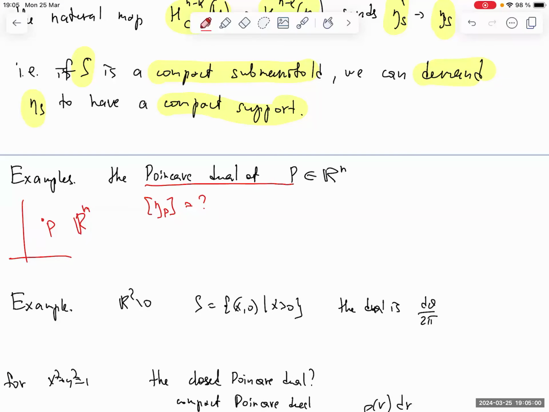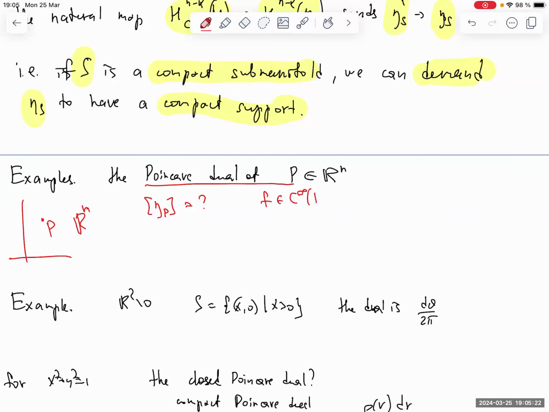Well, we probably should consider some zero-dimensional form and look at the integral of this form over the point. What is a zero-dimensional form? It's a function. Okay, what should I do? I have a function.